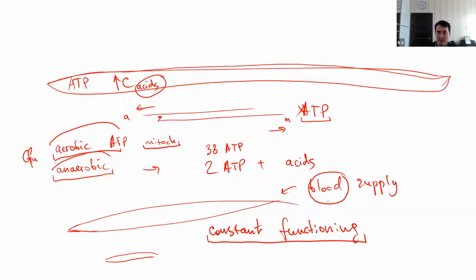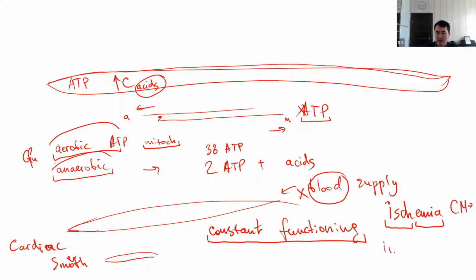But if we cease the blood supply even for a second, many of these cells, cardiac and smooth, will die almost instantly. That's why, for example, ischemia, which means the cessation of blood supply to the cardiac muscle, is infarctus.